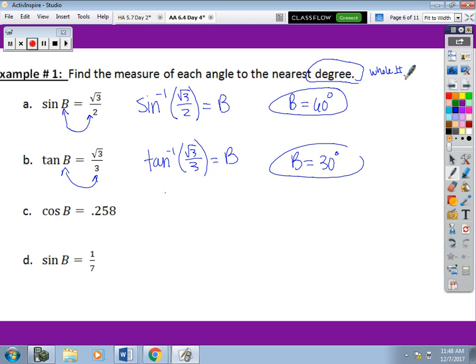What do we get for C? 75 degrees. How about D? 8.2. We'll just round to the nearest whole number, so 8.